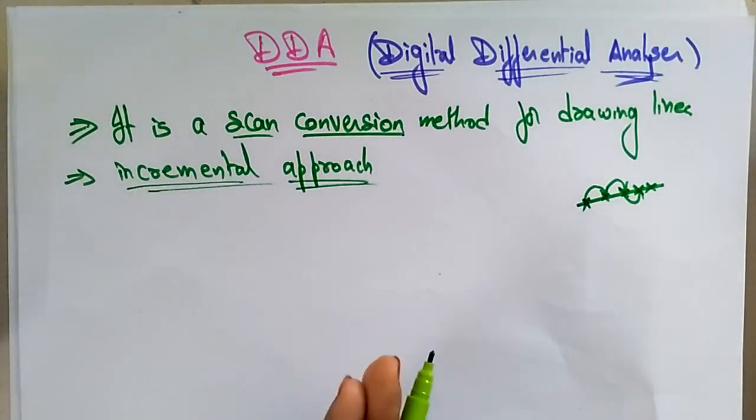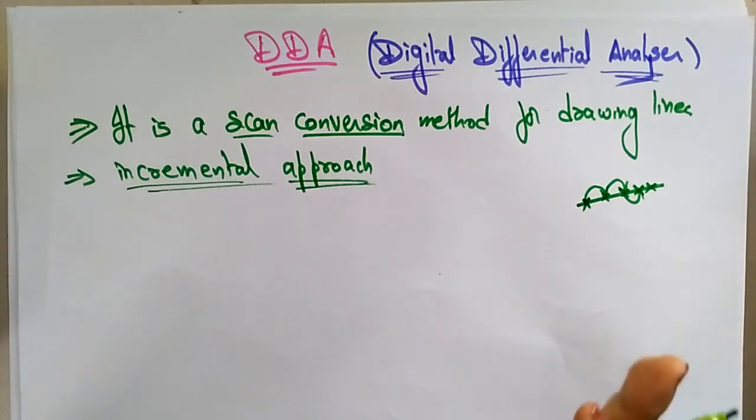So you have to remember that the digital differential analyzer is a scan conversion method used for drawing line segments on the screen, and it follows an incremental approach.